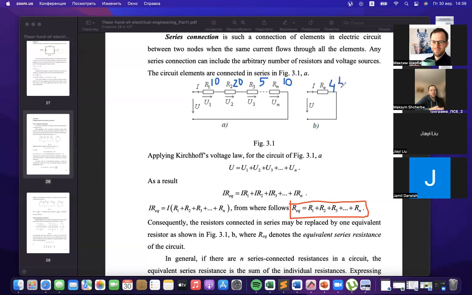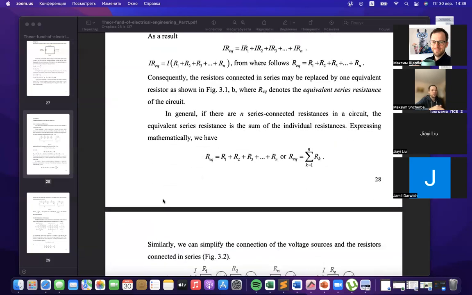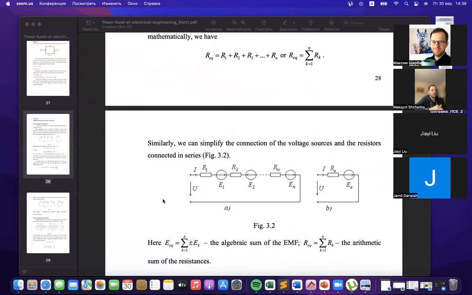And total resistivity will be 45. And instead of this circle, we could replace it with one element of 45 ohms. It is quite comfortable for further calculation.